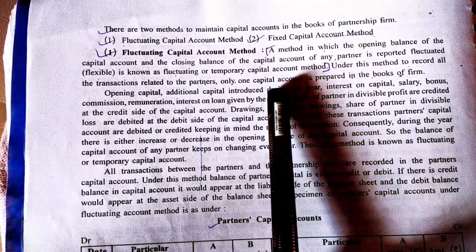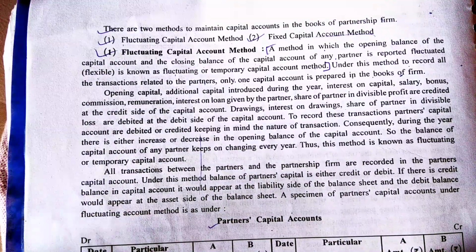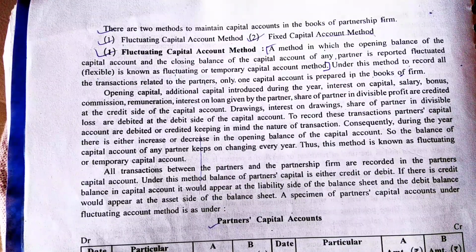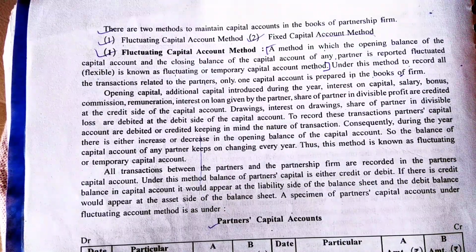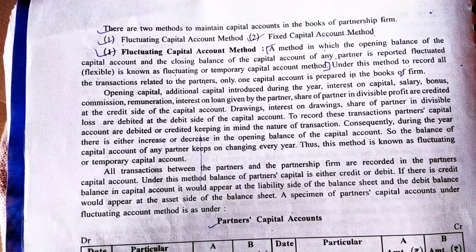In this method, the opening balance and closing balance of partner capital account are reported not the same, means unequal. In this method, only partner capital account is prepared to record transactions between partner and partnership firm.